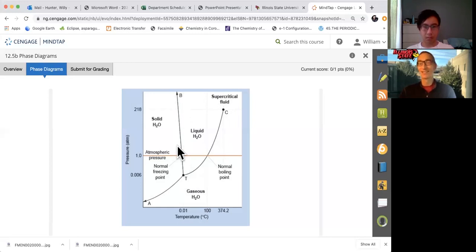Here we've got a slightly negative slope, right? As we increase the atmospheric pressure, what's this temperature? This is the freezing temperature of water, right? And so as we increase the atmospheric pressure, apparently it changes the ability of the liquid to turn into the solid.